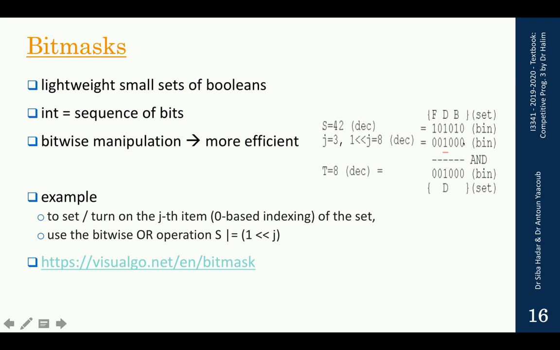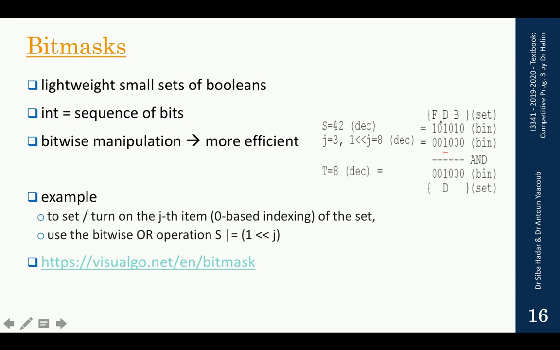So this is digit 0, 1, 2, and this is digit 3 for J equals 3. So I am going to get the decimal number 8, which is the binary number 1000, and then S OR-equals, it means S equals S OR this number, which is 010101.